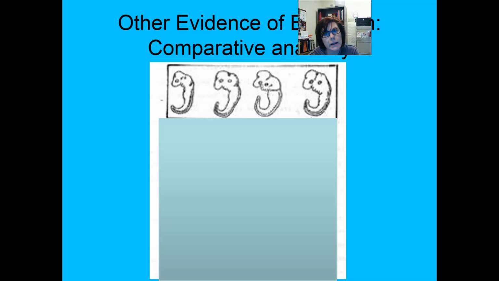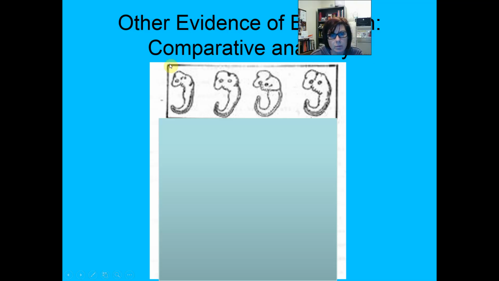Okay, so in the lab we talked about comparative anatomy. These are embryos here, and when you look at them, can you tell which one of them is a cow, which one might be a fish, which one might be a human, and which one might be a bird, or a snake? I don't know.